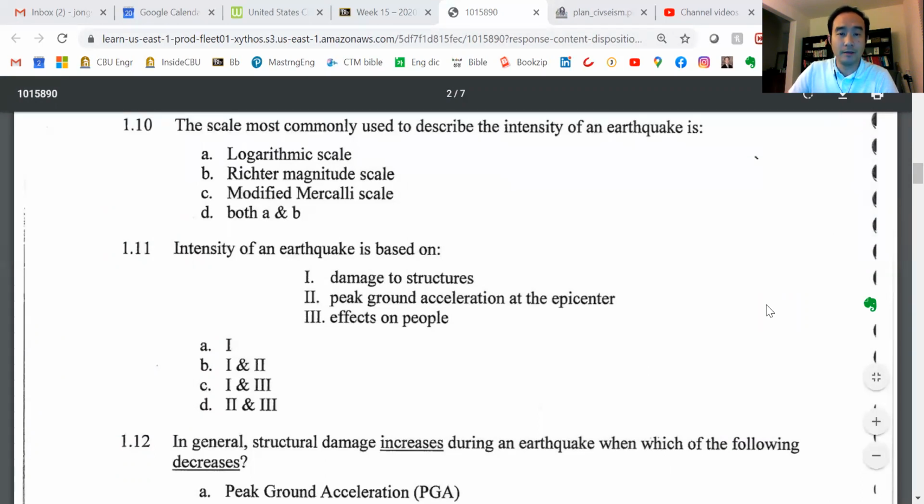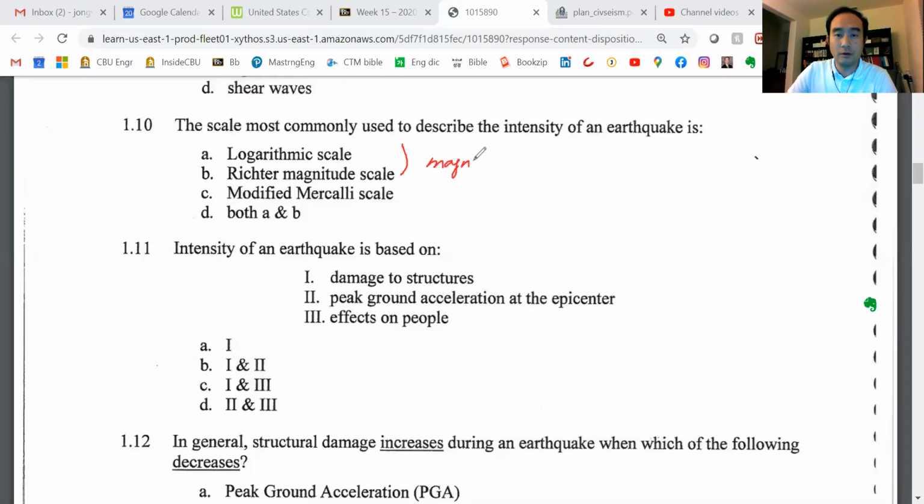And we will talk about the difference between magnitude and intensity of earthquake. The question is asking about the intensity, right? So these two cannot be the answer. Both A and B, of course, is not. So the answer is going to be C.